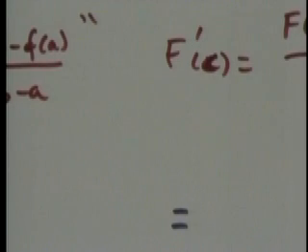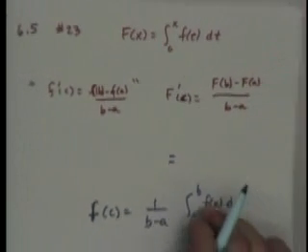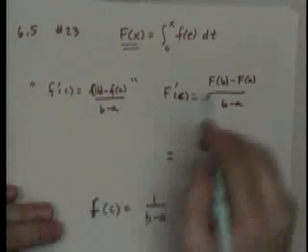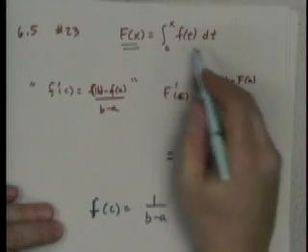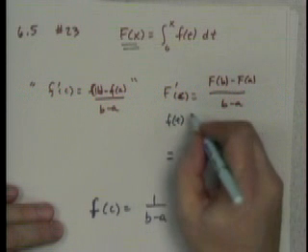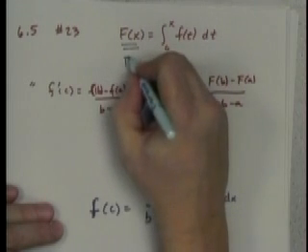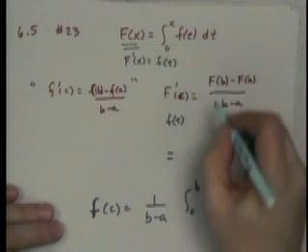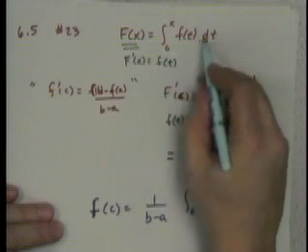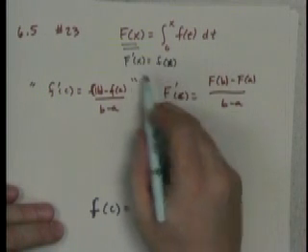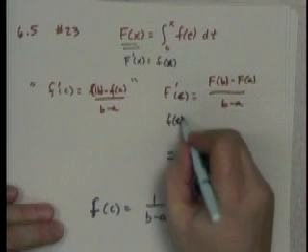What's the derivative of capital F prime here? So this side is going to be f of t. When I plug in x, F prime of x equals lowercase f of x. It's the derivative of this, plugging in that endpoint. And so F prime of c is going to be lowercase f of c.